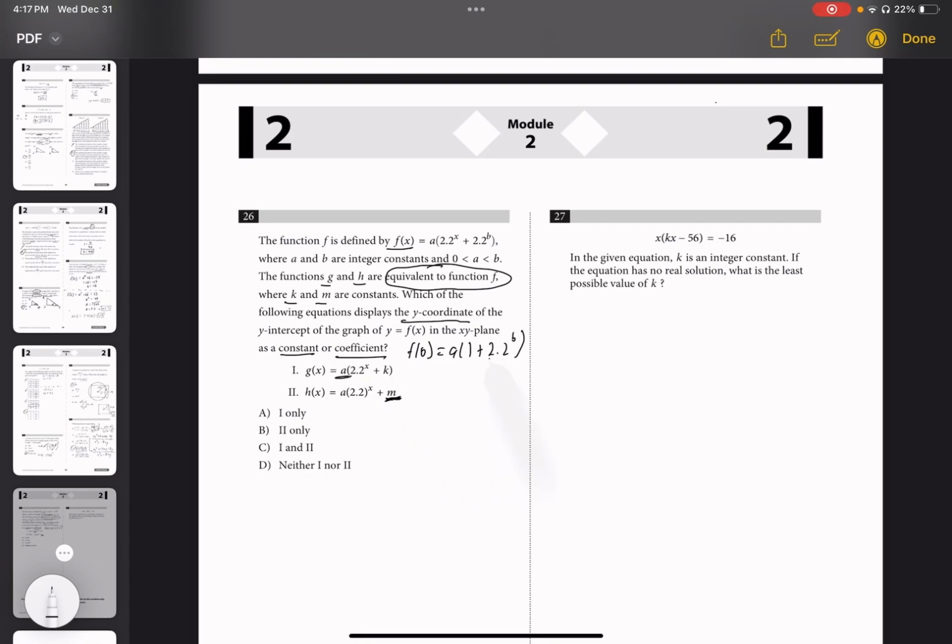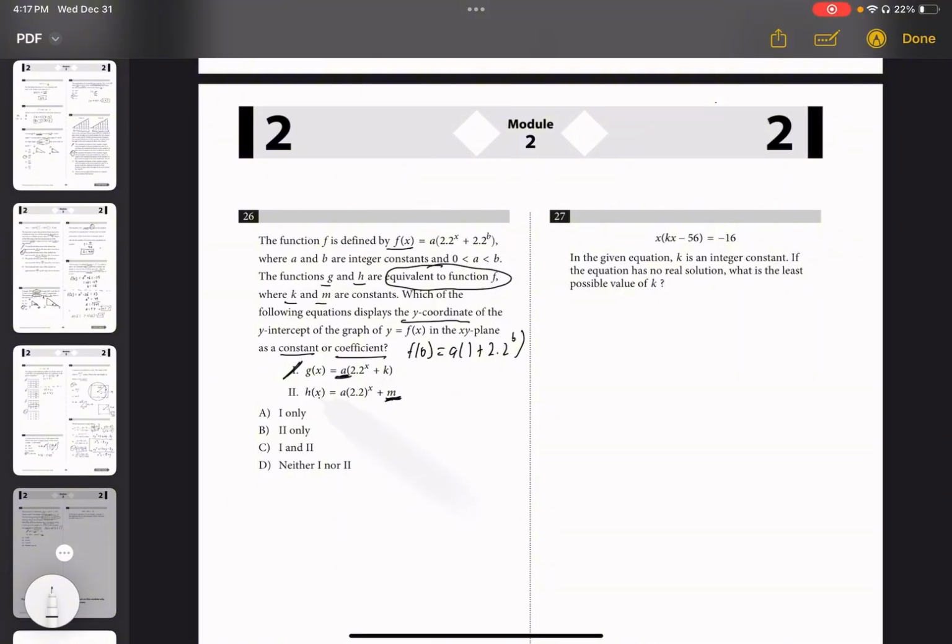It needs to be 1 plus 2.2 to the b times a. So this would just represent 2.2 to the b, not the whole y-intercept. And the a coefficient wouldn't represent the y-intercept either because it has to be multiplied with this, which isn't 1.